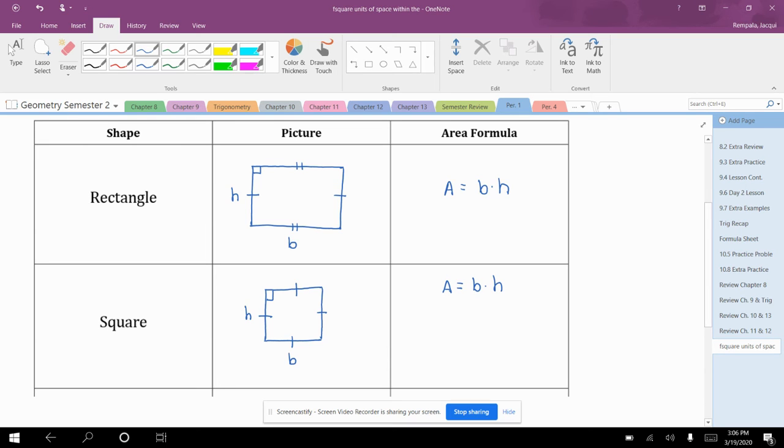Area is just base times height. However, another way you can think of that is that if you just label one side S, well, every side is S. And so another way you can think of it, because you have to multiply S times S in order to get your area, is that as long as you know the side of the square, you can just square that number and you've got your area. So two potential formulas for square, only one for rectangle.